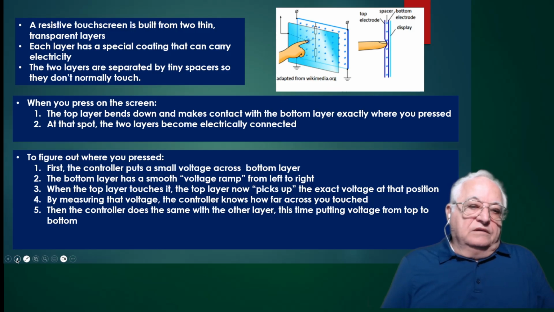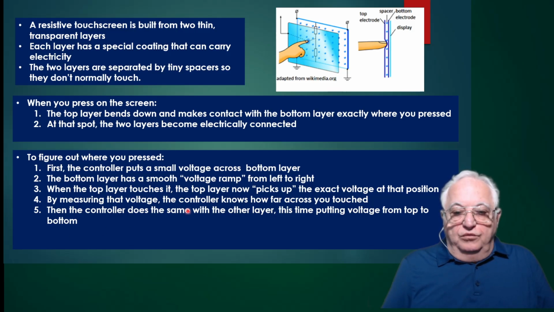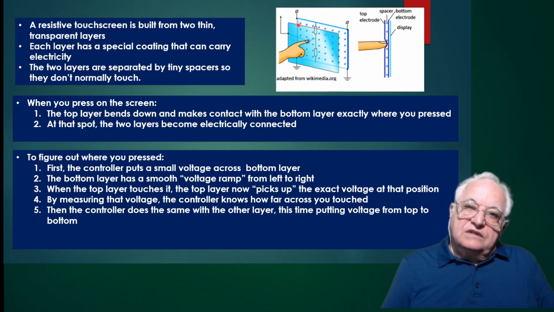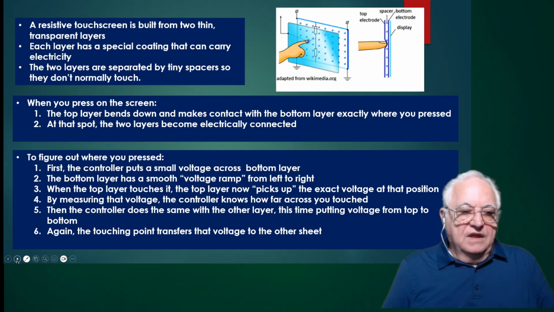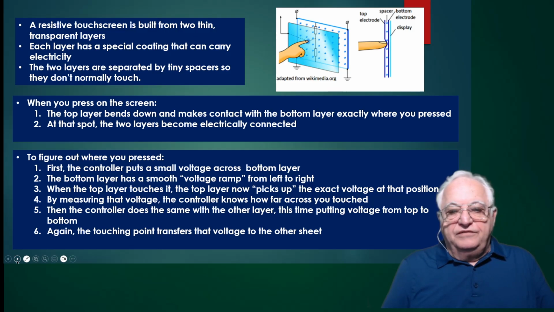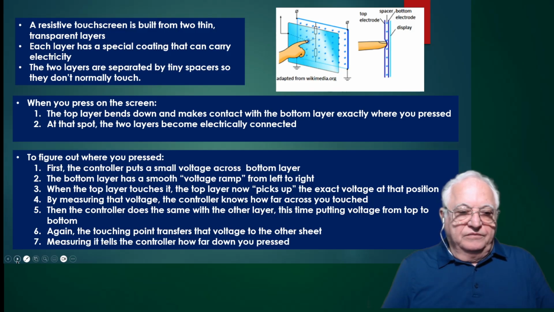Now, we can do the same thing with the other layer, this time putting a voltage from top to bottom. So what I do is now in the bottom layer, I put a voltage in such a way that I can measure from left to right. Now I'm going to put a voltage on the top layer, but this time the voltage should change when I go from top to bottom. Again, by touching points, you transfer the voltage to the other layer.